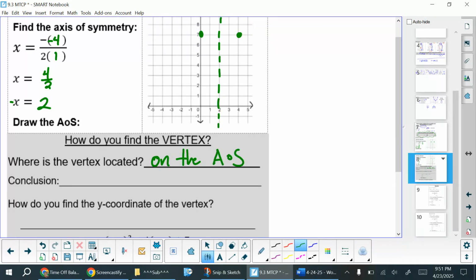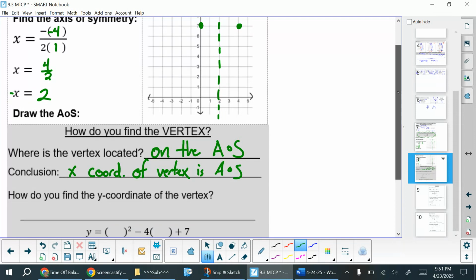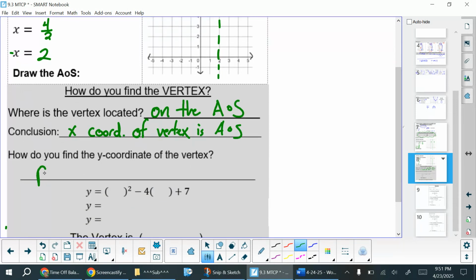What that means is that the x-coordinate of the vertex is the axis of symmetry. And so if we know the x-coordinate already, how do you find the y-coordinate of the vertex? You plug the x value into the equation.